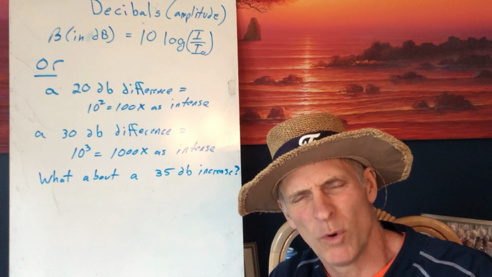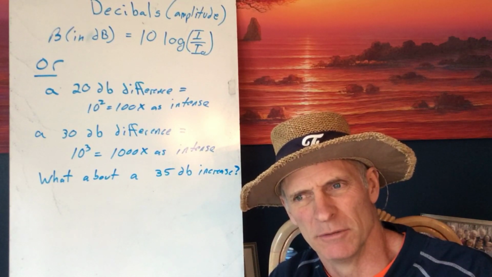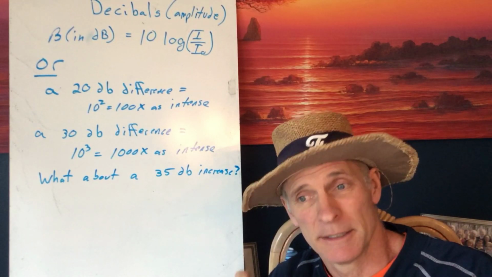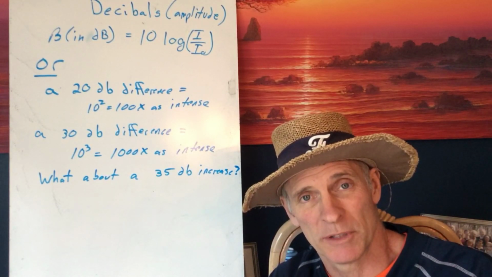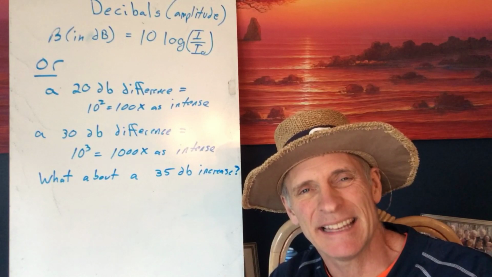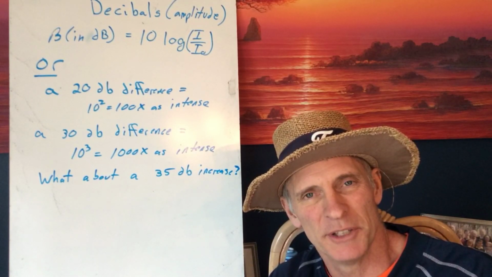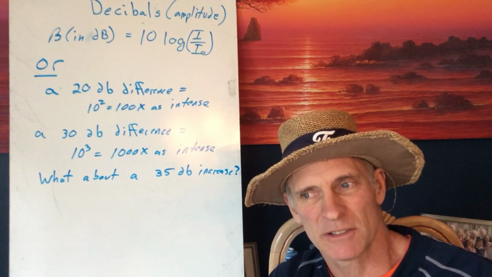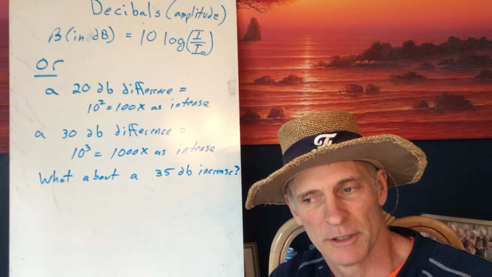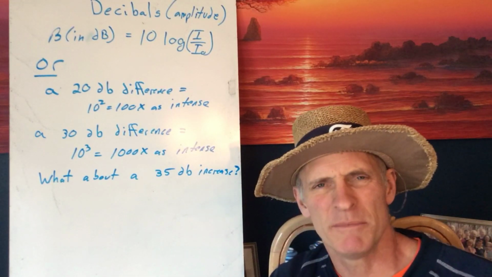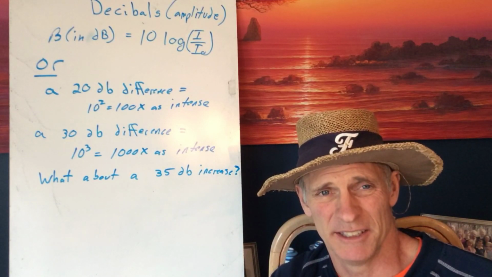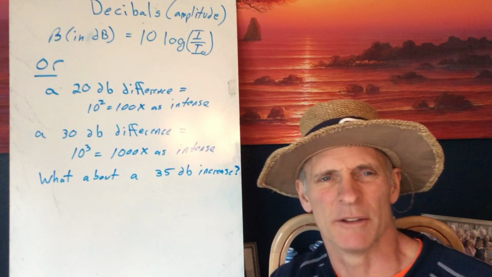What would a 40 decibel increase give you? Divide through by 10, take that 4, make it the exponent of 10, and you'd get 10,000 times as intense. So a 35 decibel difference has to be somewhere between 1,000 and 10,000. But it wouldn't be right in the middle because the scale's not linear. Let's work it out and see.